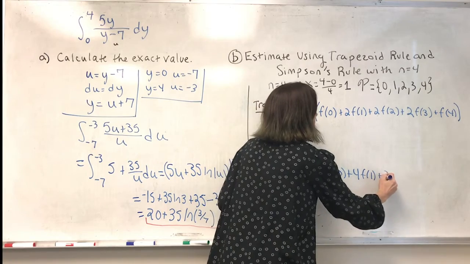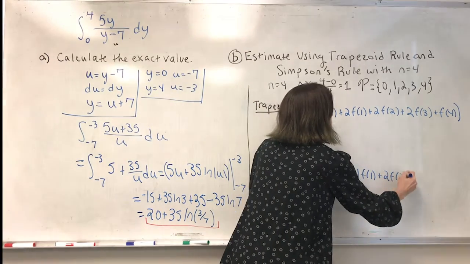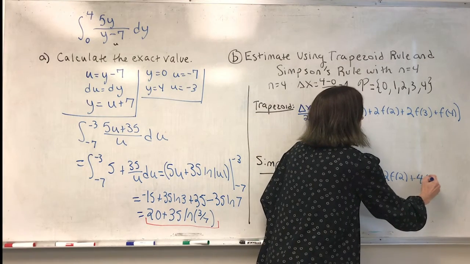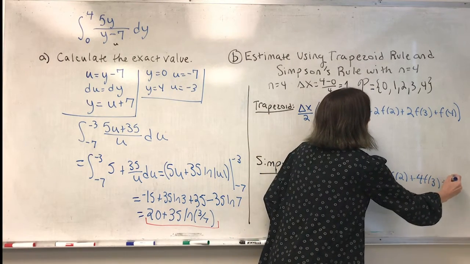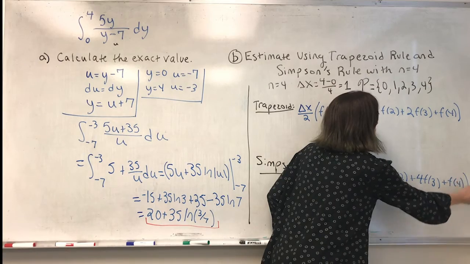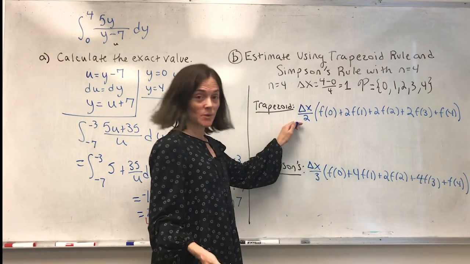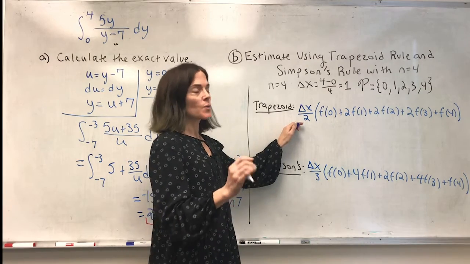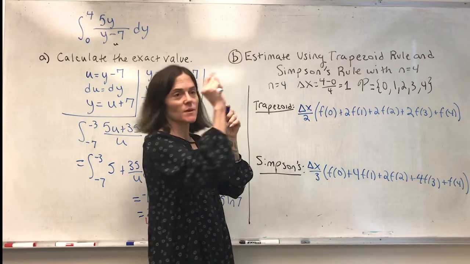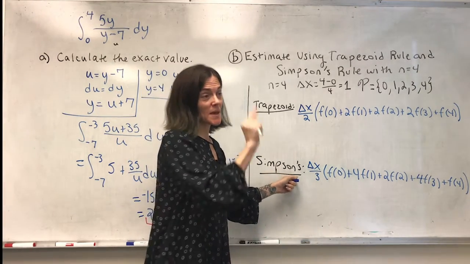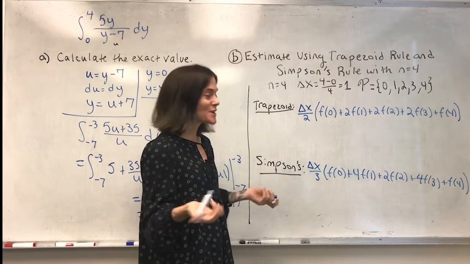So 4, then we would have a 2, f of 2, and then a 4, f of 3, and then we end with coefficient 1. Okay? So these are the differences between trapezoid rule, where we're actually approximating the function with little line segments, and Simpson's rule, where we approximate the function with quadratic pieces.